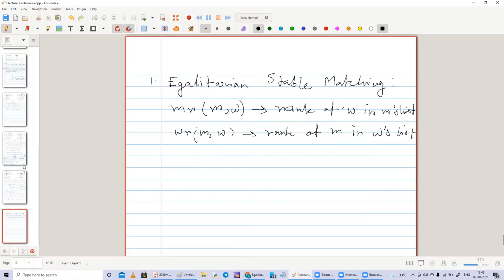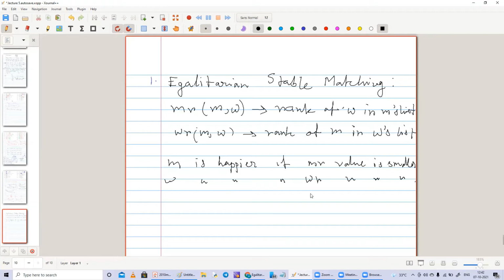Okay, so one thing is clear that M is happier if the MR value is smaller. And W is happier if the WR value is smaller.